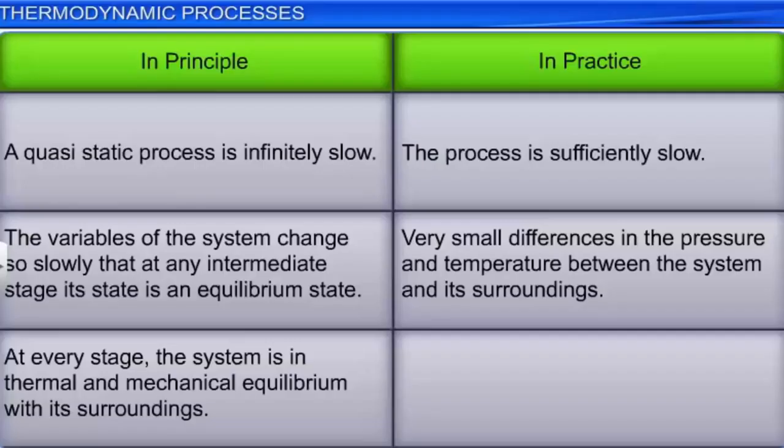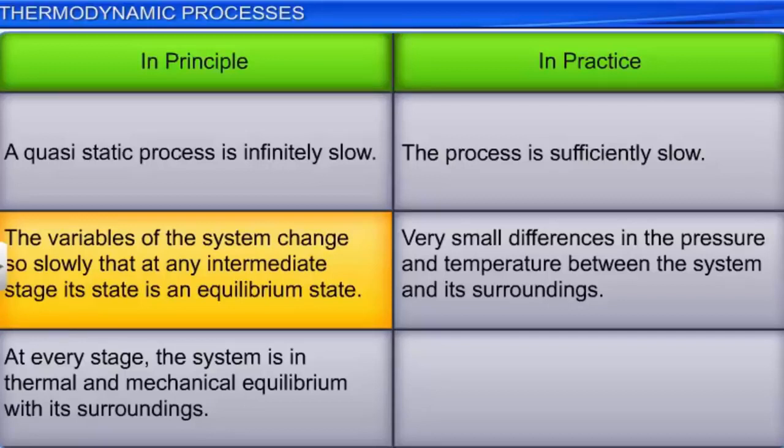In principle, a quasi-static process is infinitely slow. As a result, the variables of the system change so slowly that at any intermediate stage, its state is an equilibrium state.